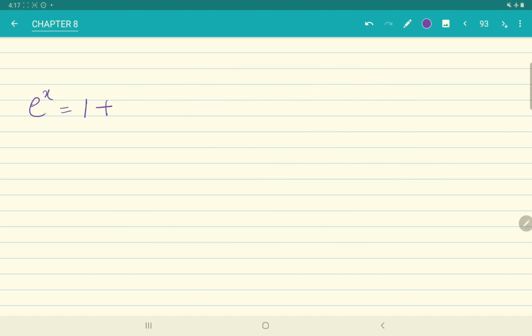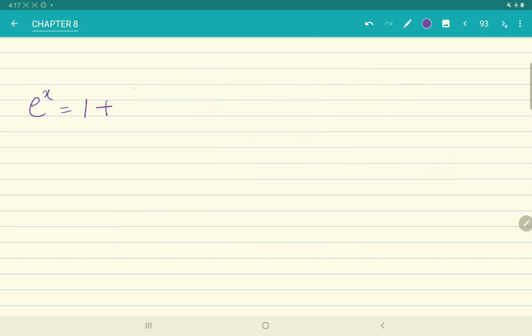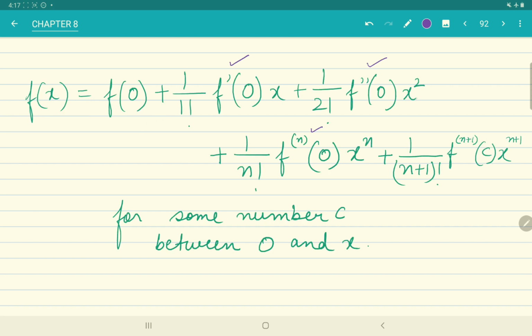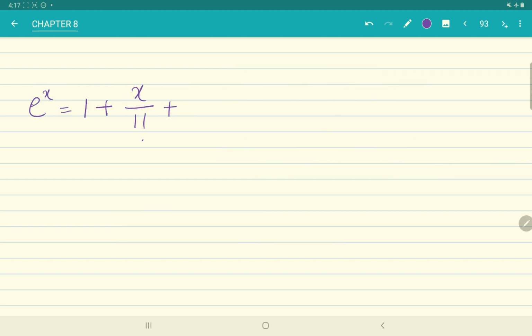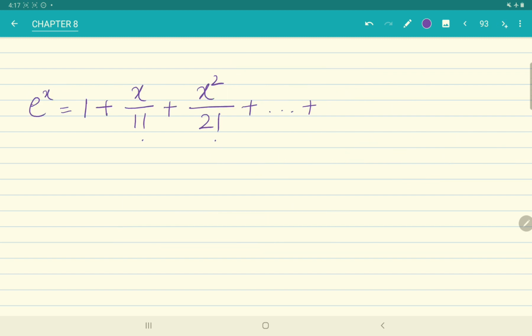That means I can write 1 plus x by 1 factorial plus x squared by 2 factorial, and it goes on till x raised to the power n by n factorial.